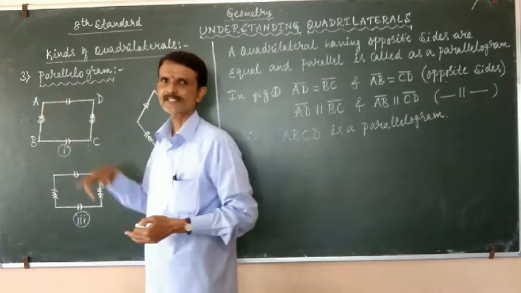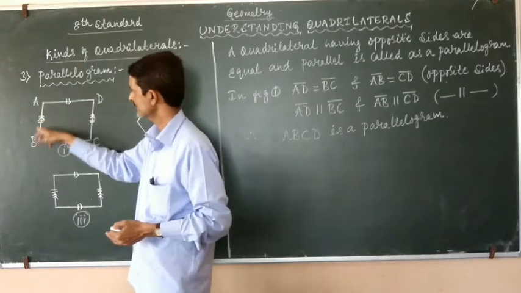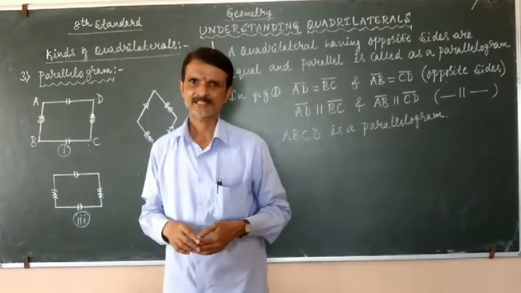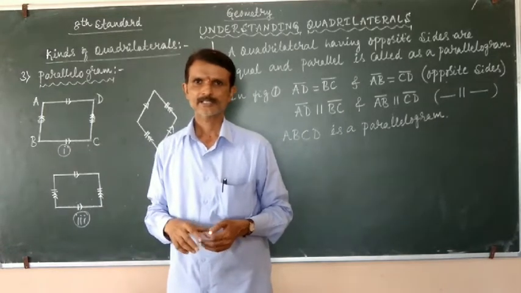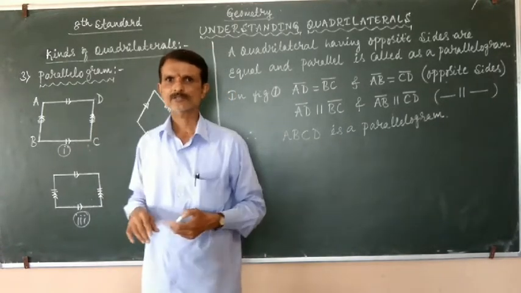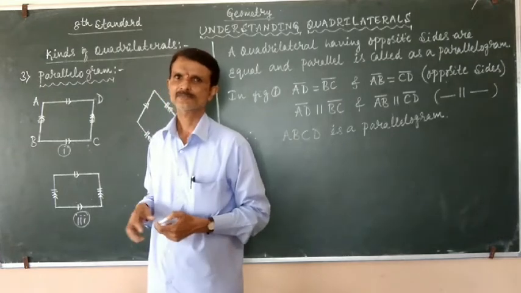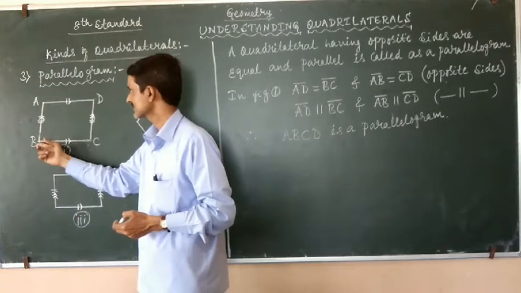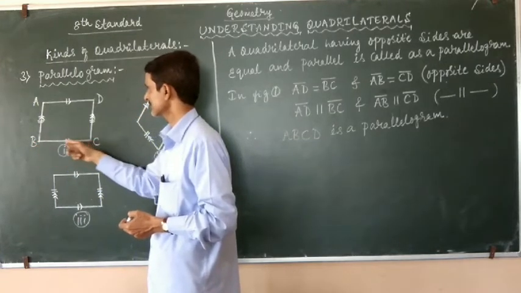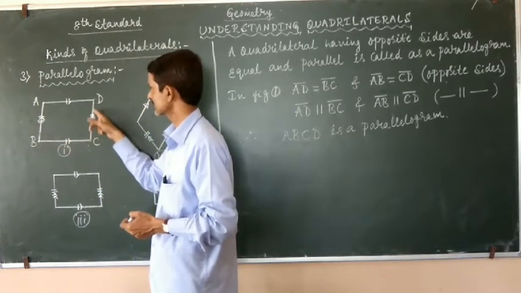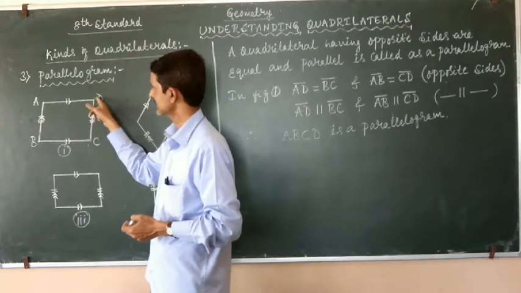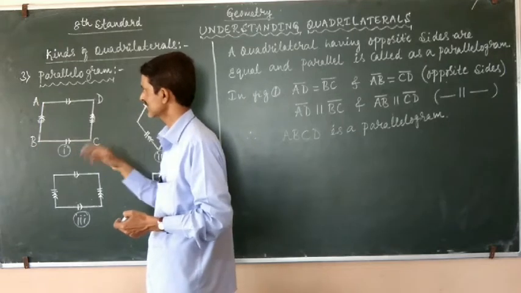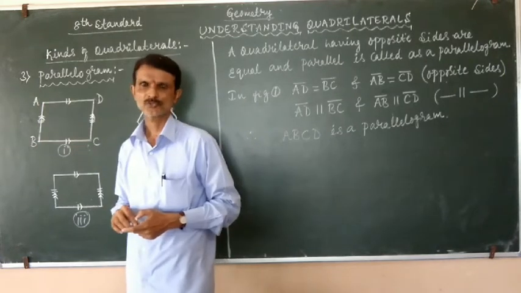And DA and AB are the adjacent sides. I think you have cleared about the adjacent sides of the parallelogram. So, AB is adjacent to BC, BC is adjacent to CD, CD and DA are adjacent sides, and AB and BC are adjacent sides.